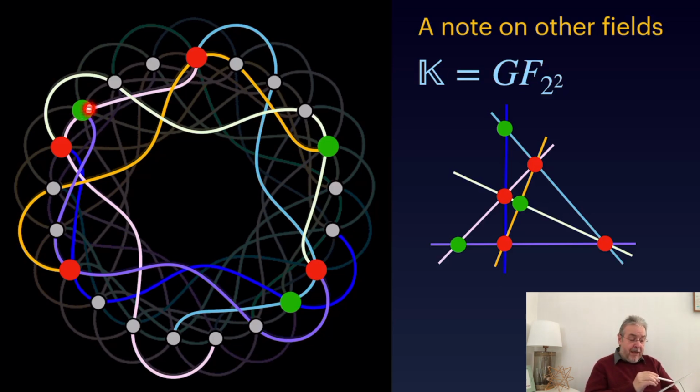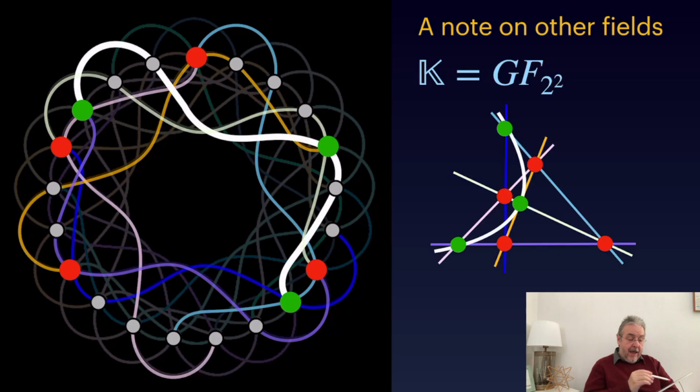So if you look at those 3 points here, they already lie on one common line here, and there is no way of extending this picture further by just doing join and meet operations. This is different from what happened in the real projective plane.